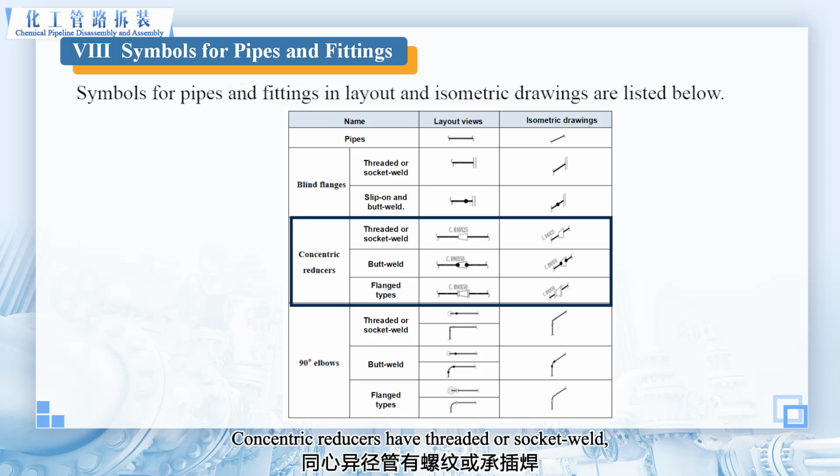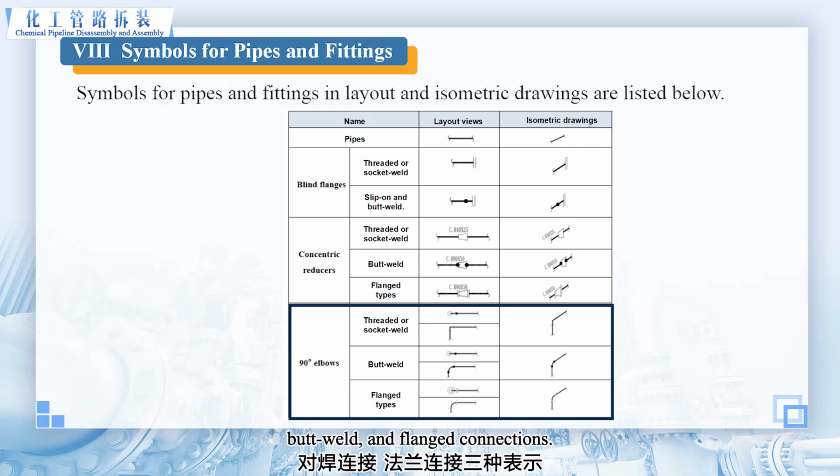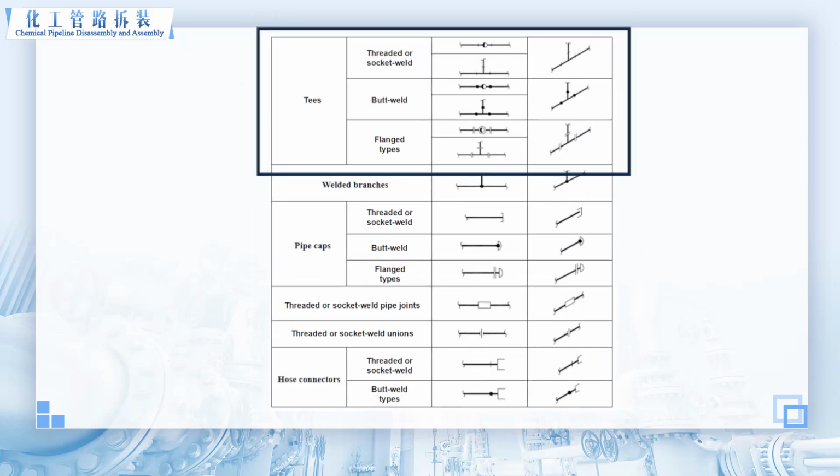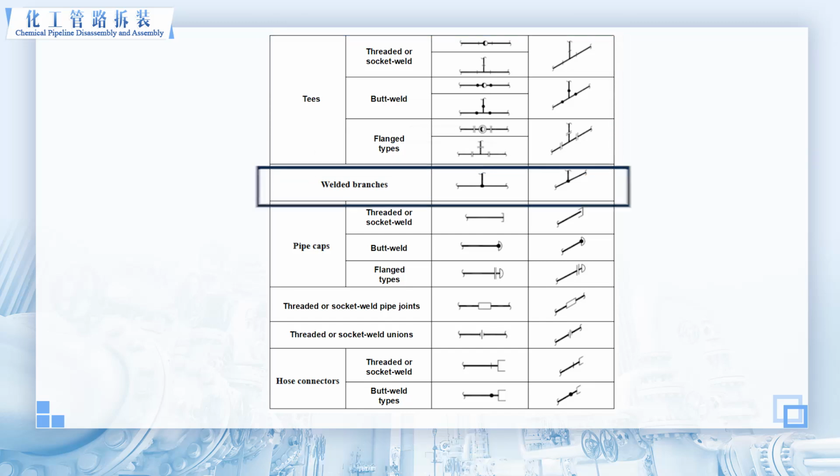Concentric reducers have threaded or socket weld, butt weld, and flange types. 90 degree elbows include threaded or socket weld, butt weld, and flanged connections. Tees similarly have threaded or socket weld, butt weld, and flange types.